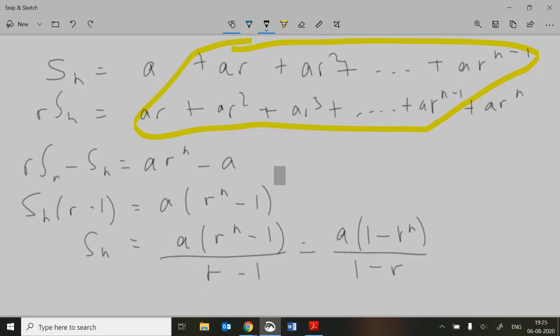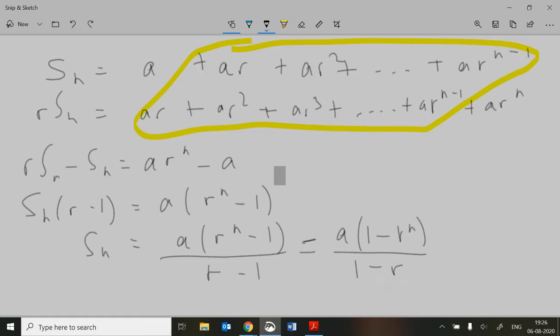I can absorb that times by minus 1 into the top bracket, of course this one, and absorb it into this one. Now, if I times the top and bottom by minus 1, I'm essentially doing nothing to it. Doing the same to the top of a fraction and the same to the bottom of the fraction, so it stays the same. So this is just an alternative version. Some people like to use this. Say, for example, if r was a half, then it keeps numbers as positive on the bottom there.